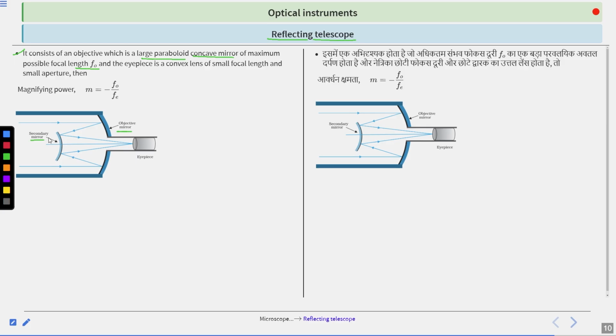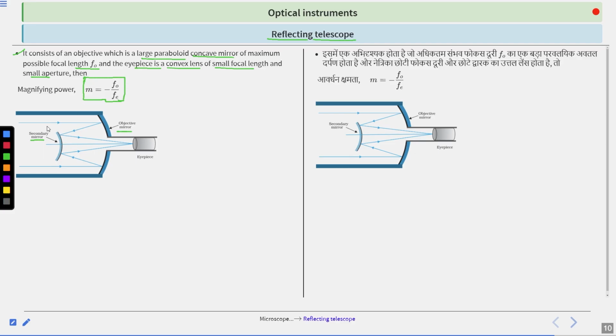Clear? And the eyepiece is a convex lens of small focal length and small aperture. So magnifying power m is equal to minus fo divided by fe, and this is the formula to calculate the magnifying power.